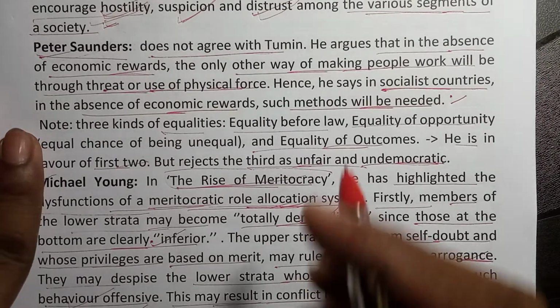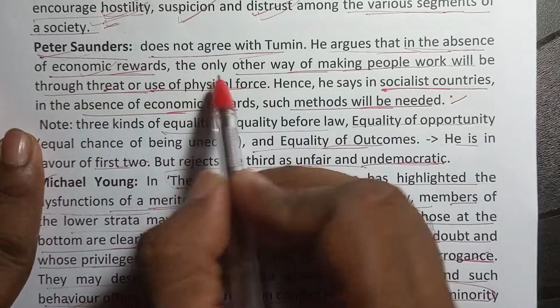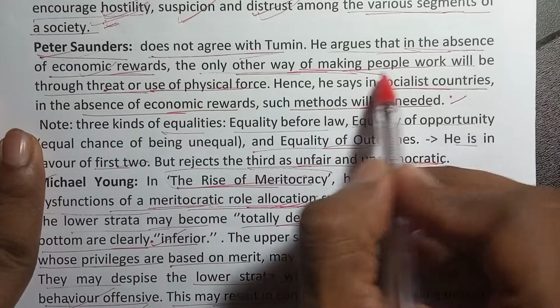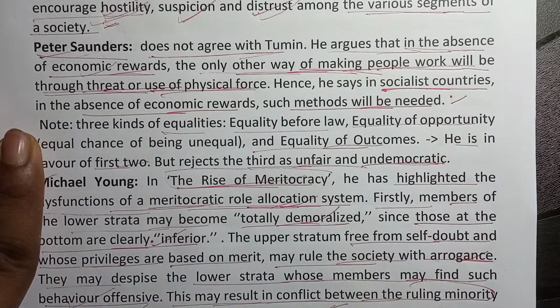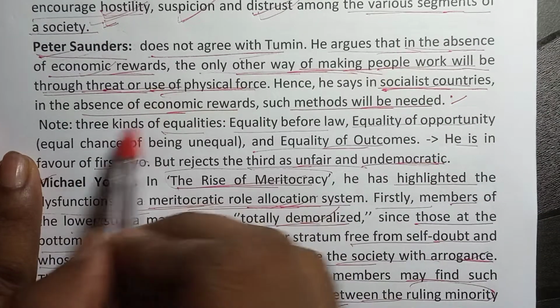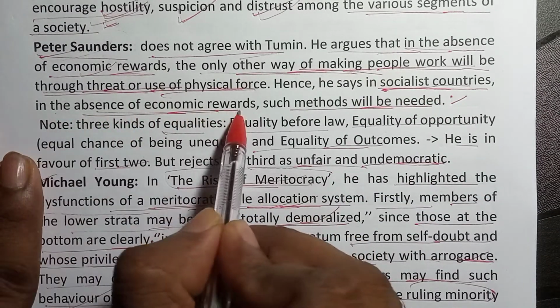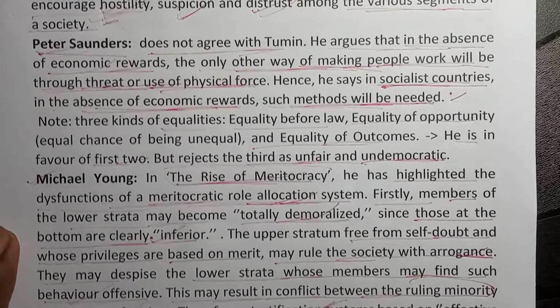Peter Saunders doesn't agree with Tumin. He argued that in the absence of economic rewards, the only other way of making people work will be through threat or use of physical force. Hence he says in socialist countries, in the absence of economic reward, such methods will be needed.